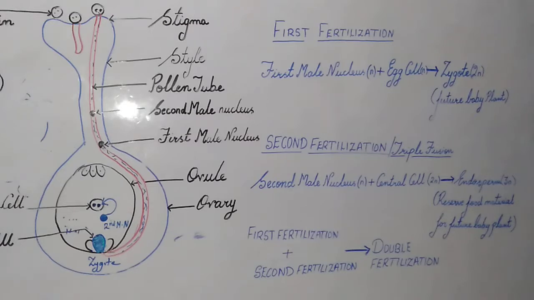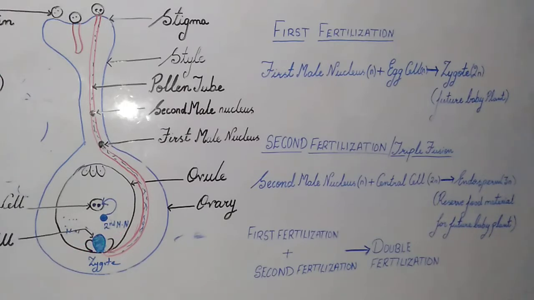Similarly, because this is life, the future baby plant, and this structure will be converted into seed after fertilization, it's not going to be attached to the plant. So how is it going to survive? ये सीड जब तक जर्मिनेट नहीं करती तब तक ये बेबी प्लांट अंदर सर्वाइव कैसे करेगा?